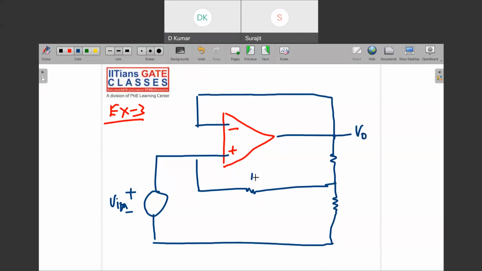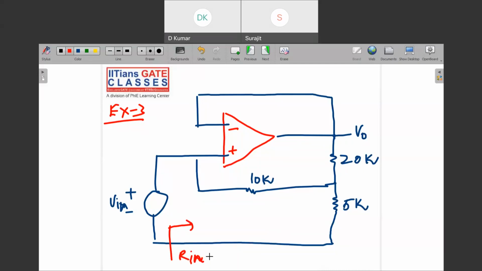This is 10K, this is 20K, and this is 5K. Very quickly, please determine the Rin, looking into the circuit from here. This is a very good question. Consider that the op amp is ideal. Please try this question.